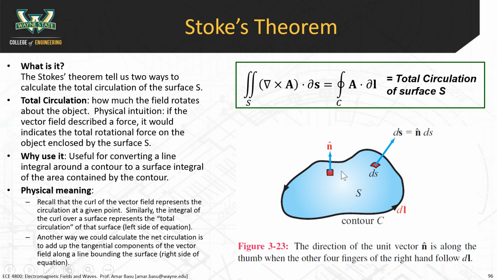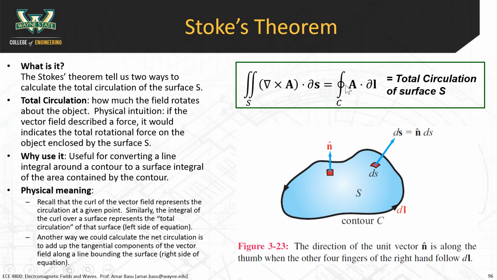But if the line integral is closed, so that the contour completely encloses and circumscribes a surface inside of it, then you can use Stokes' theorem to figure out the circulation of that surface.